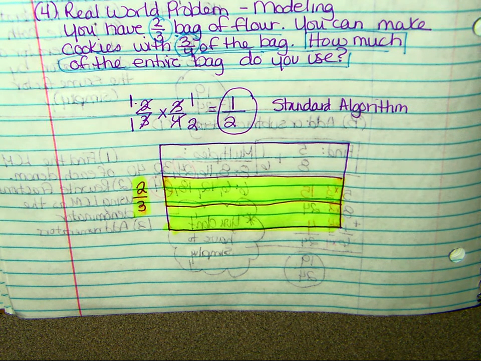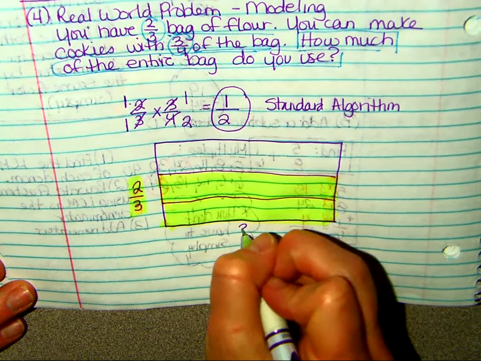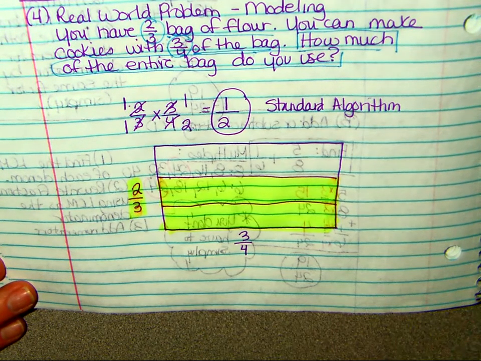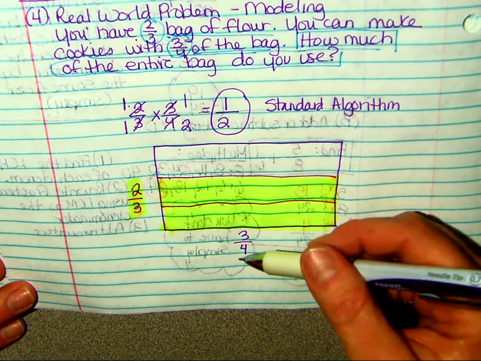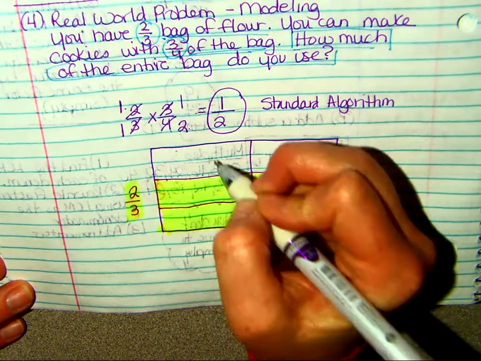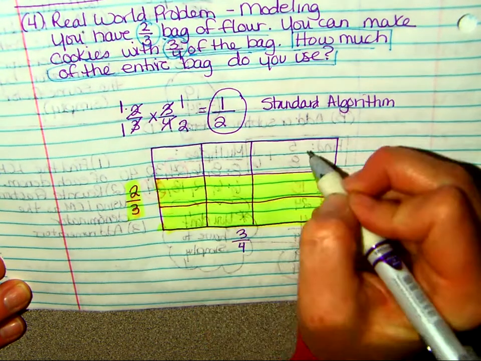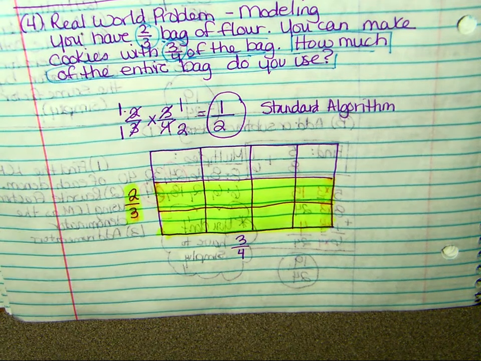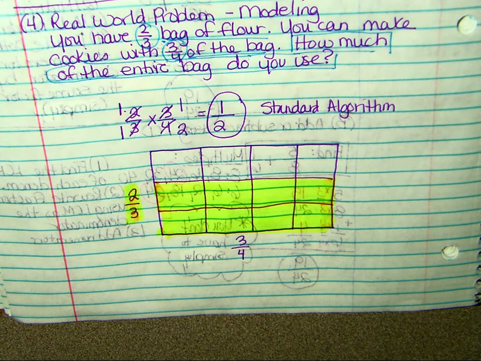Now I'm going to do the vertical part of this, my 3/4, so I'm going to divide it the other way into 4 sections. Whatever your denominator is, that tells you how many sections you have to divide by. I like doing 4s because I just divide the rectangle in half and then in half again. I'm going to color this one another color so that it's easy for me to see.